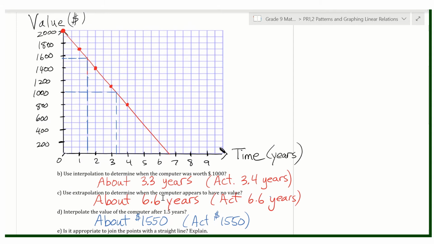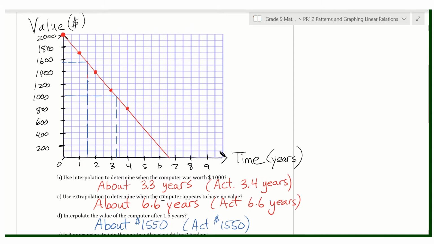Then here comes a question about interpolation, and I hope you watched my video on what it means to interpolate and extrapolate. You notice that I had to use interpolation to determine what the computer was worth at $1,000.